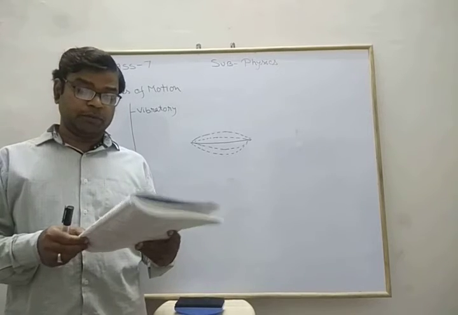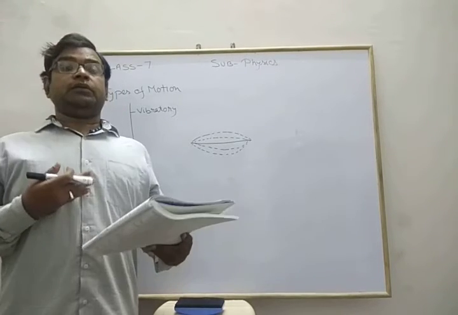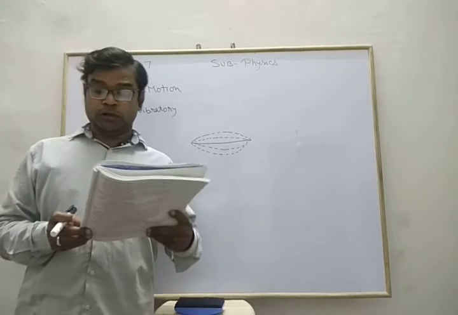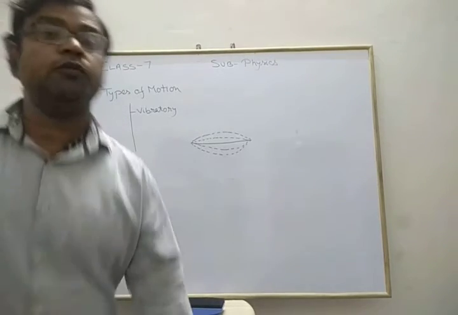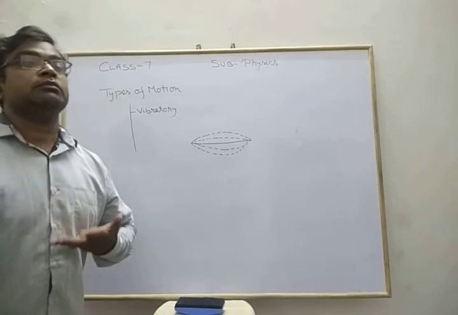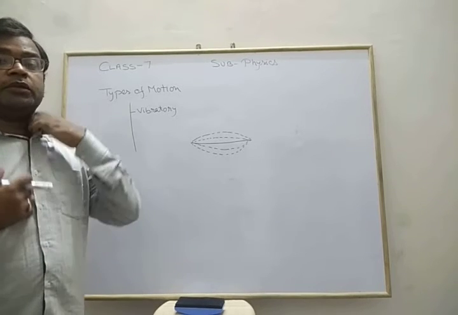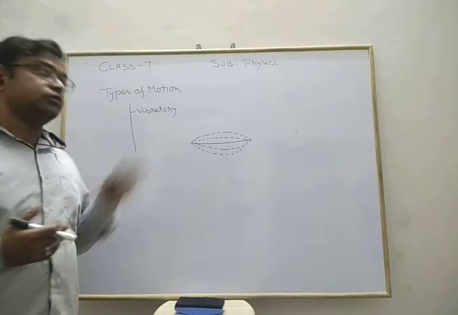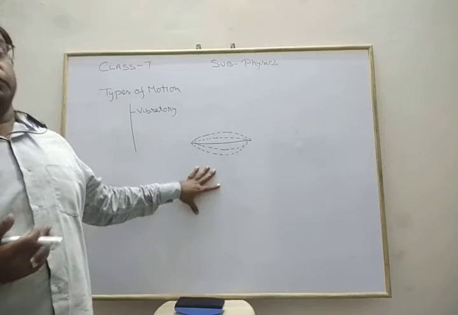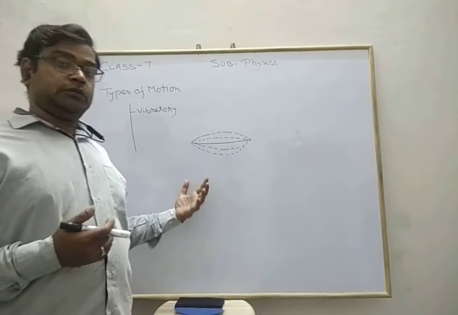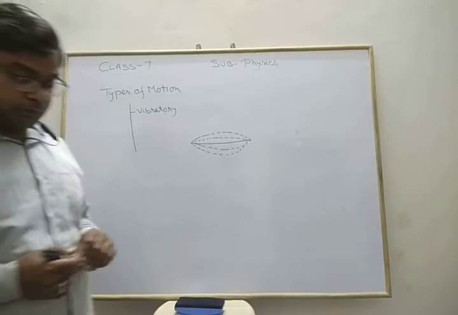Our chest first expands, then contracts. The motion is vibratory in nature as all the points on the chest do not move out equally. Suppose this part moves more compared to the other part. One part shows more motion than the other part. This is vibratory motion.